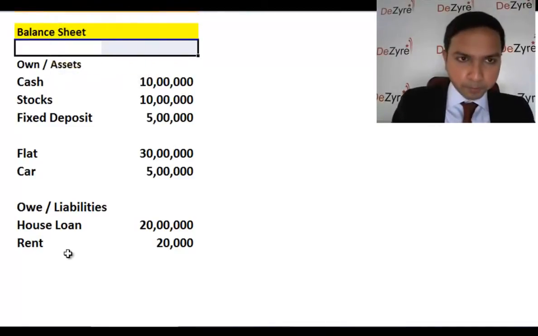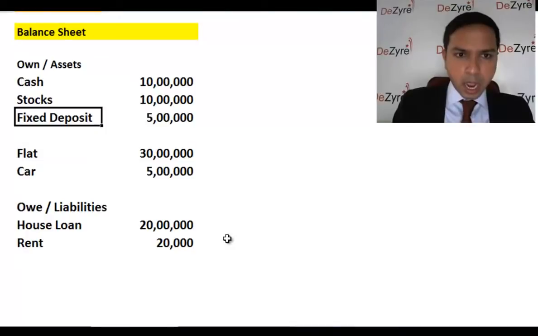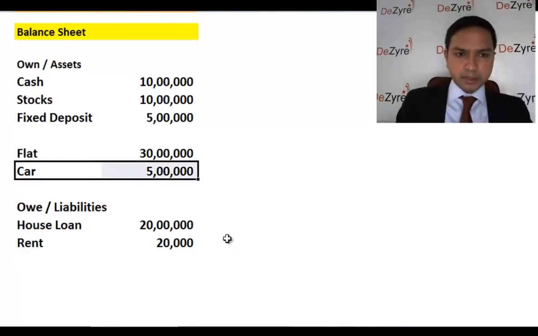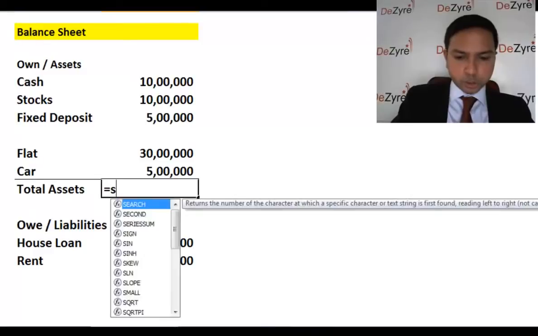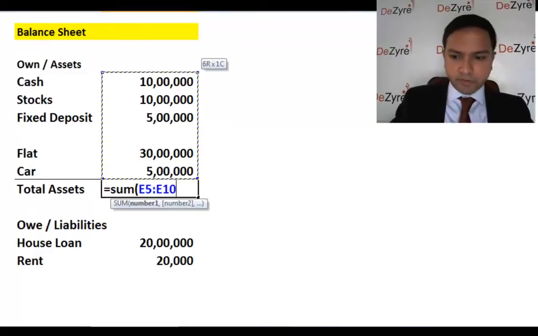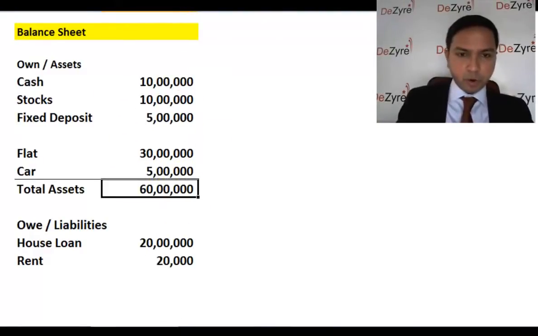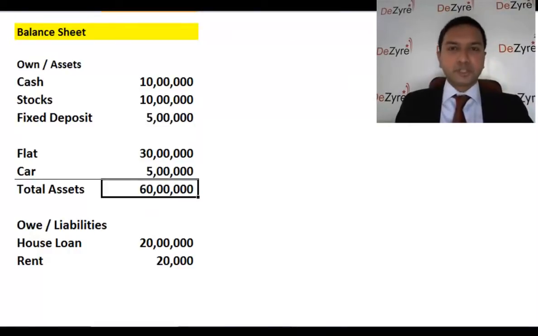So now, let's calculate what your total assets are. Your total assets are very simple. They're just the sum of all your individual assets put together. There you go. You're a rich guy or you're a rich girl.